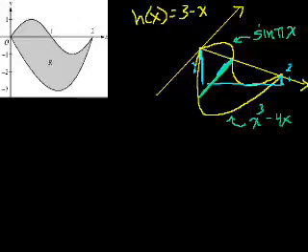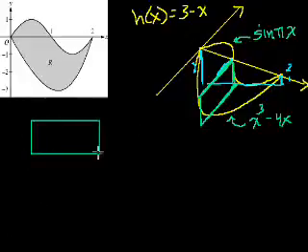So let me see if I can draw this cross section. We know the width along the surface of this cross section is going to be the difference between this function and this function, right? So this is that same cross section.